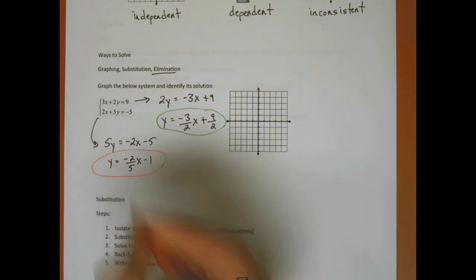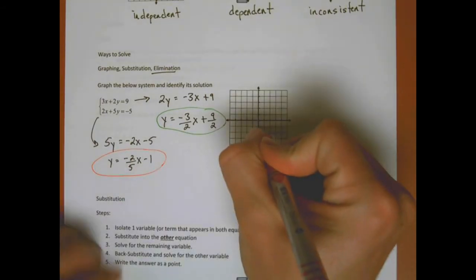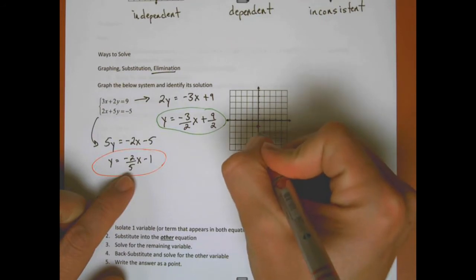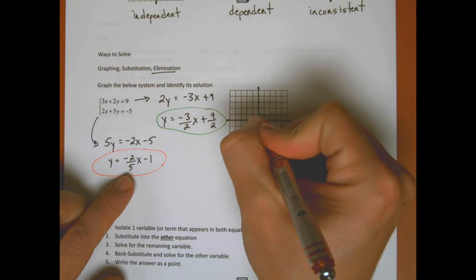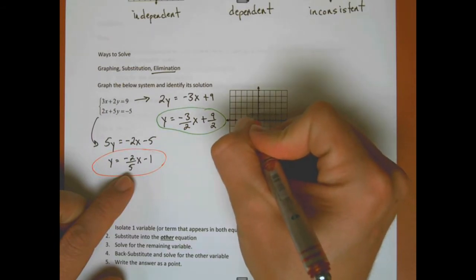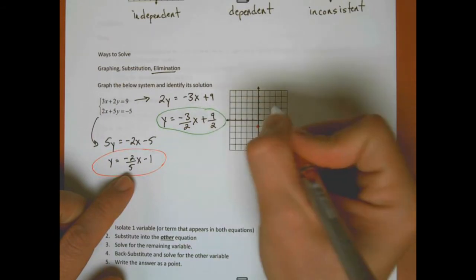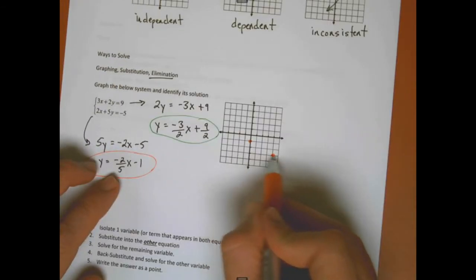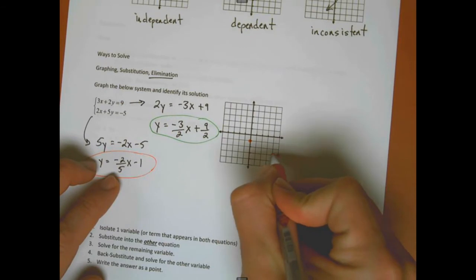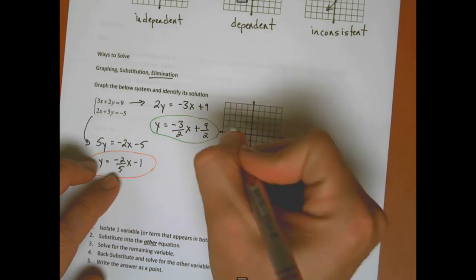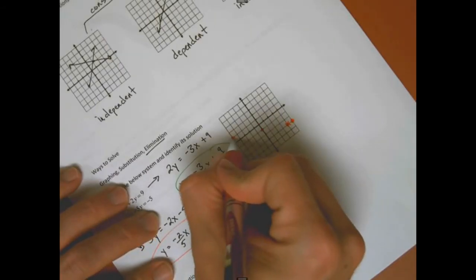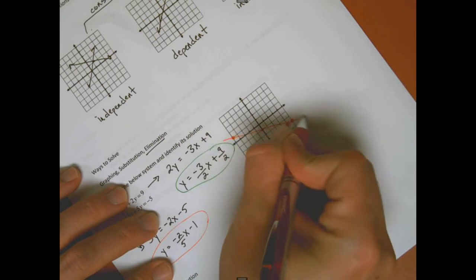So let's start with this -1 for the y-intercept, then go down 2 over 5, and we'll go the other way up 2 over 5. 1, 2, 3, 4. I put my point in the wrong spot. 5, 1, 2, 3, 4, 5. And so we have this orange line here. We can connect those.